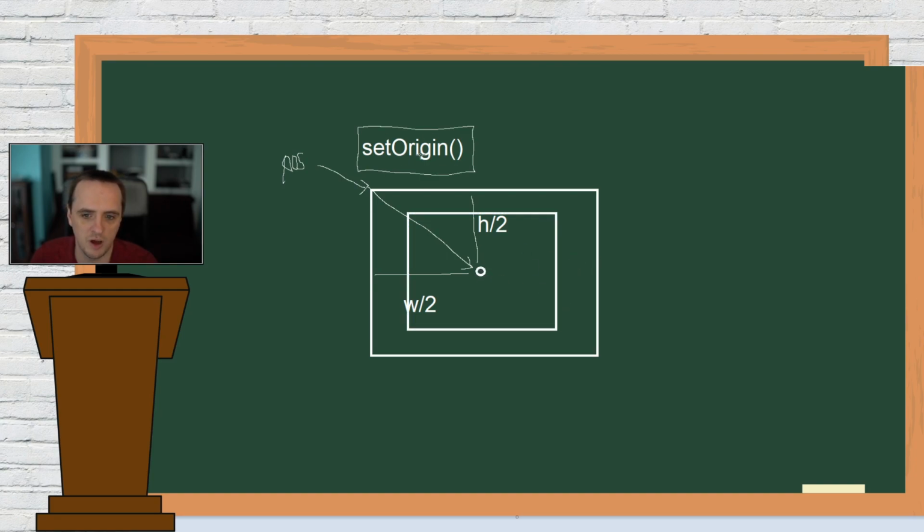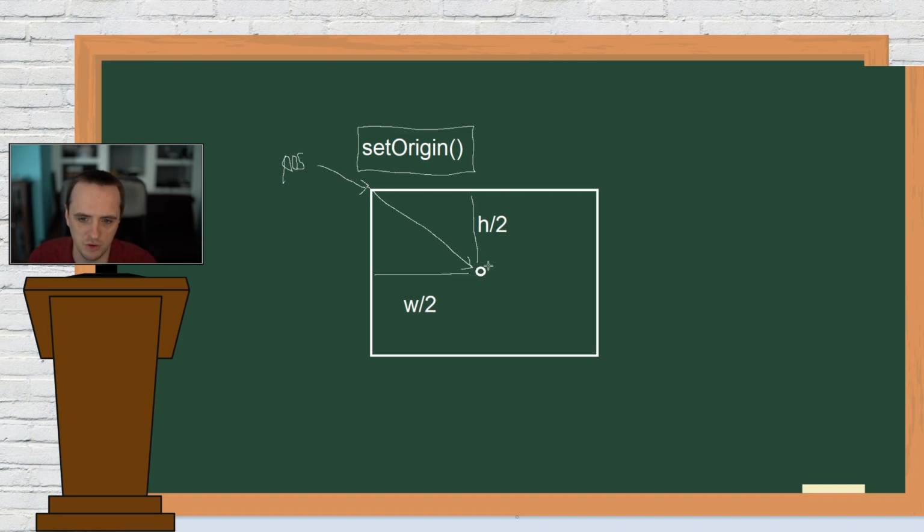That's why the middle of the sprite is what we're using as the position. And here we have an example. All we have to do in order to do this, and this is already done for you, I just want to explain it, is set the origin of the sprite to the width over 2 and height over 2.